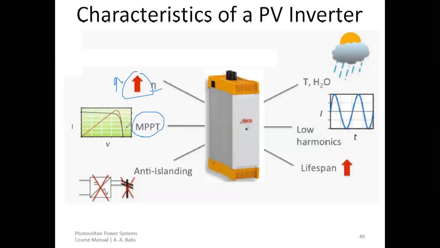Okay, they also support anti-islanding. Islanding is an unsafe condition for workers, and for the entire system. It's a condition in which a distributed generator continues to power a location when electric grid power is no longer present.